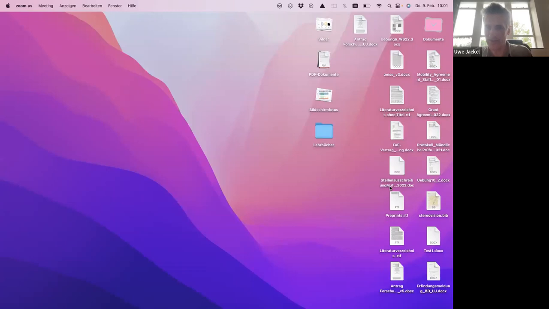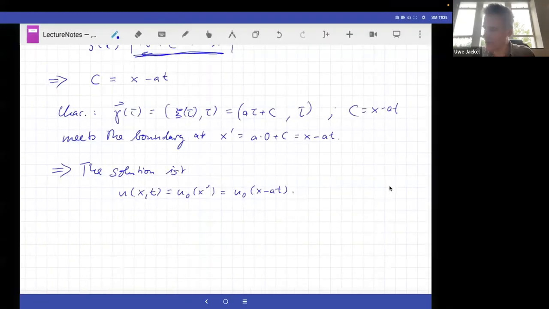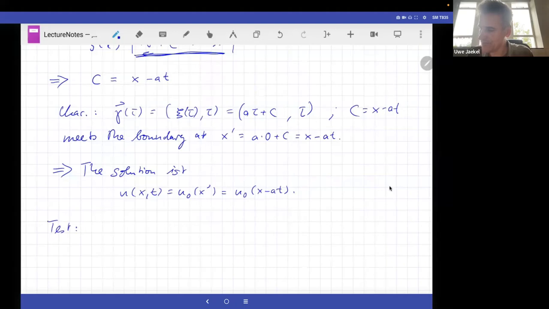First, let's see whether the initial condition is fulfilled. u of x, 0 should be u0 of x minus a times 0, and this is u0 of x.